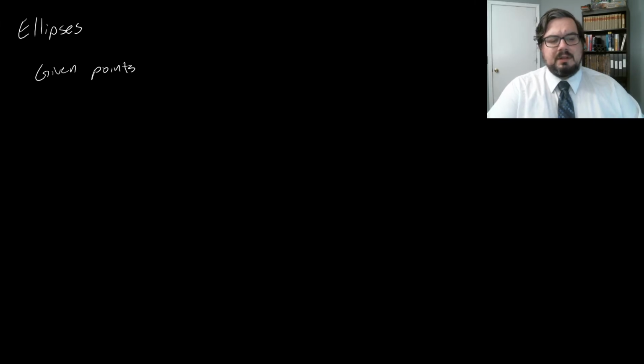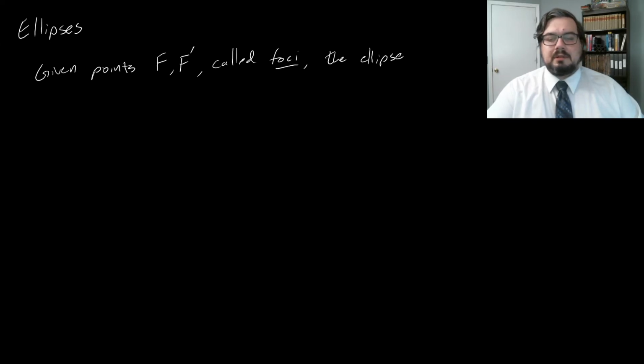Whereas a parabola used a focus and a line, which we call the directrix, an ellipse involves two focuses. So given points F and F prime called foci, the ellipse with foci F and F prime and semi-major axis.